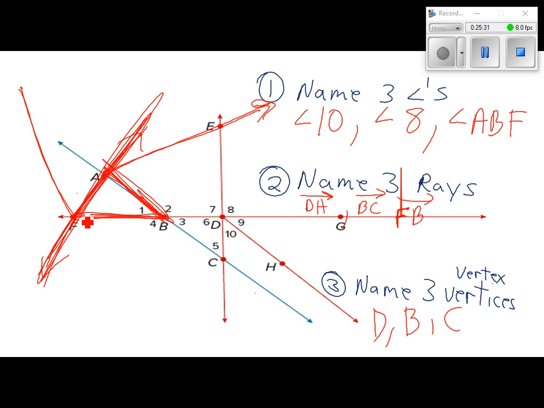Let's go back to Thelma. Thelma gave us angle 10. What if I told Thelma, nope, you can't name it with a number? Could we name that same angle some other way? Angle CDH. HDC.